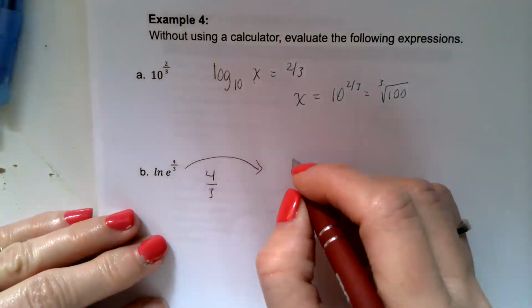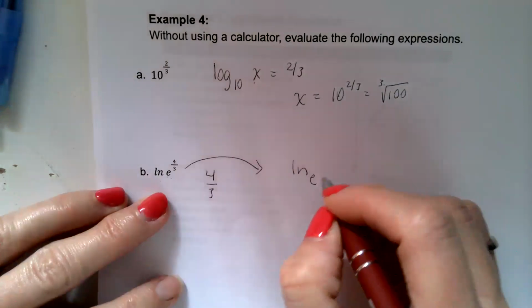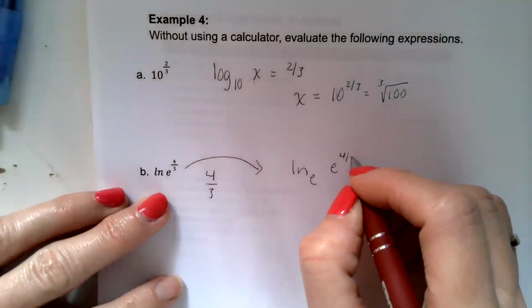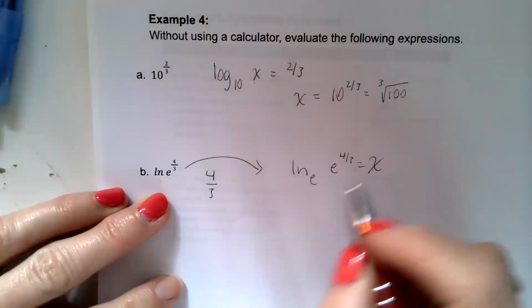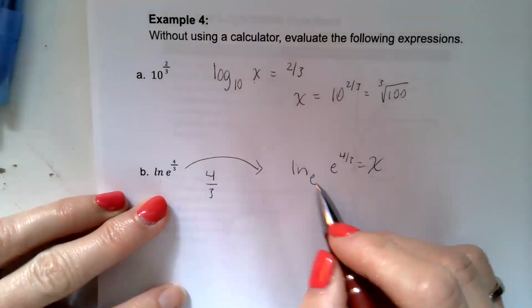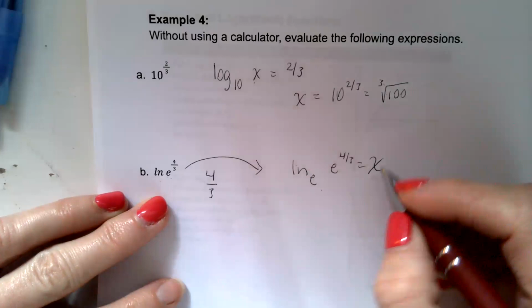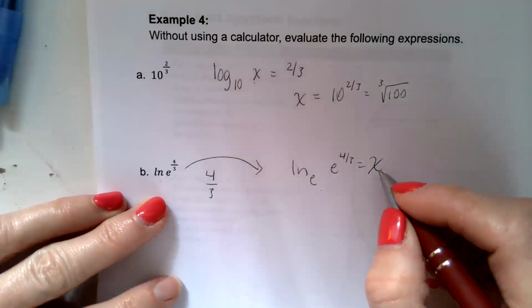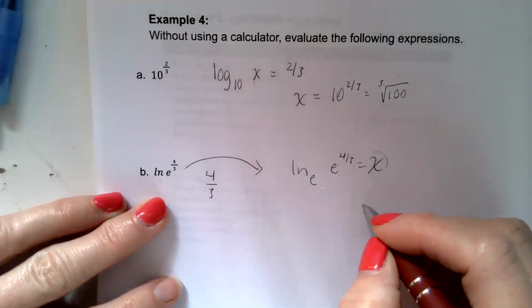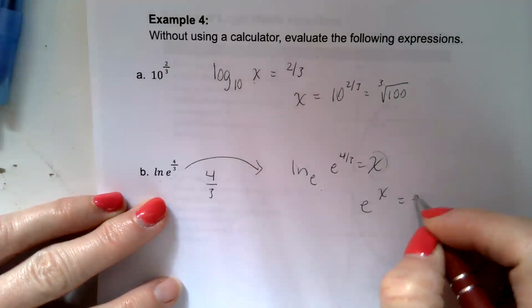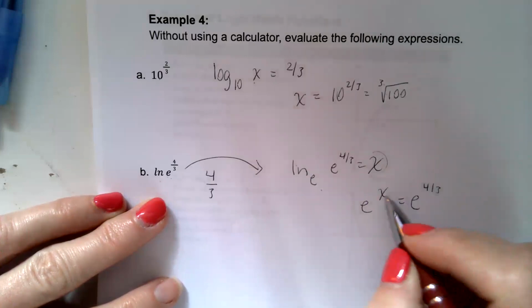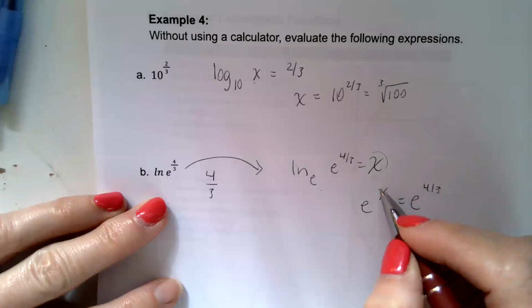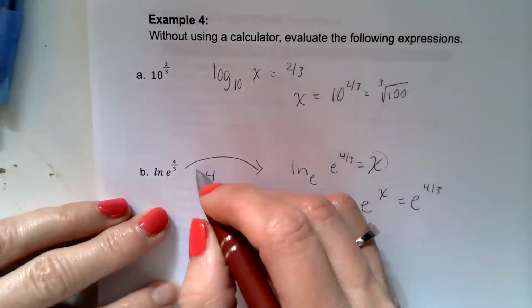Okay, and that's because natural log is base e. So then you're saying e to the what x will give me e to the 4/3. Well, then I know that my x just has to be 4/3.